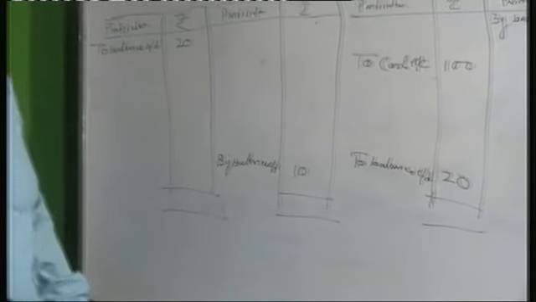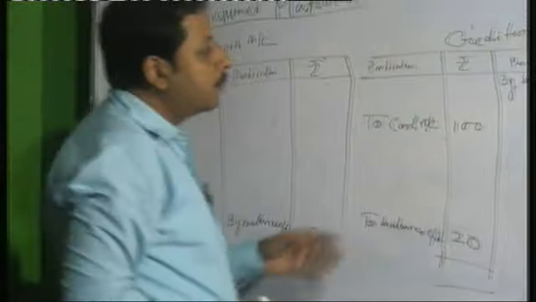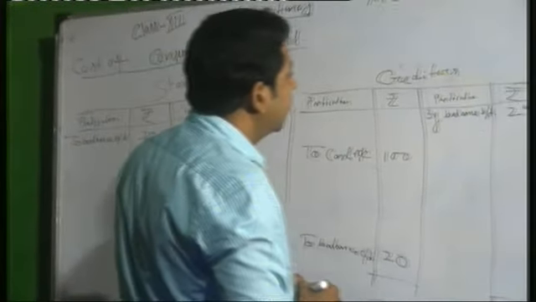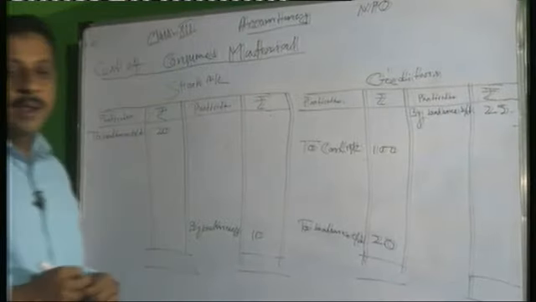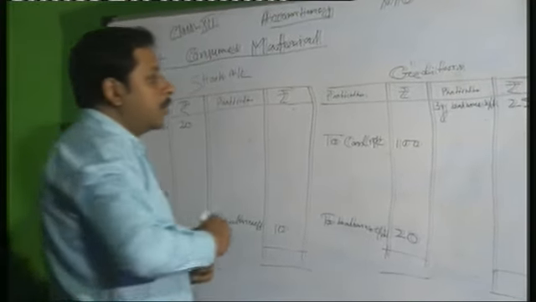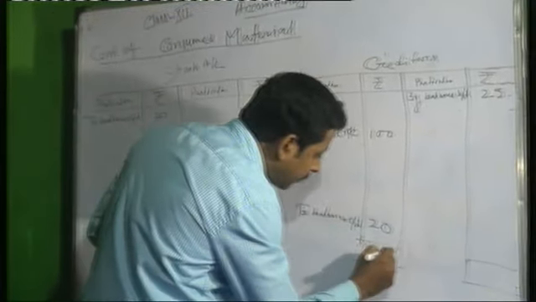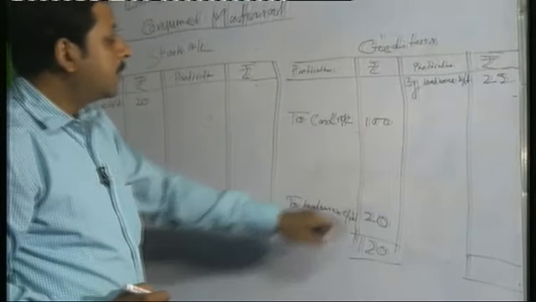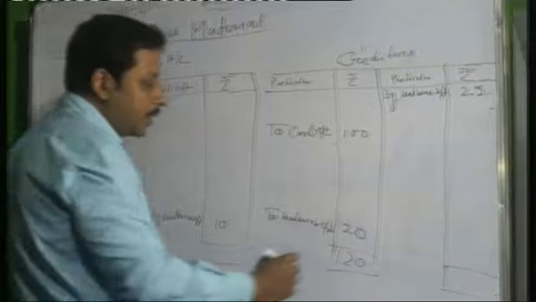How is this possible? This is possible because in the meantime we purchased some goods from our creditors. What would be the purchase? So this is the total balance 120. We have already paid 100 and the balance is 20, so total is 120.